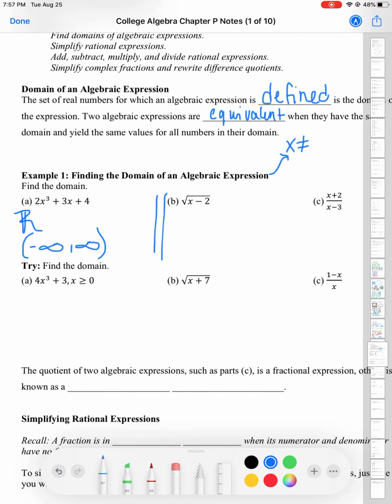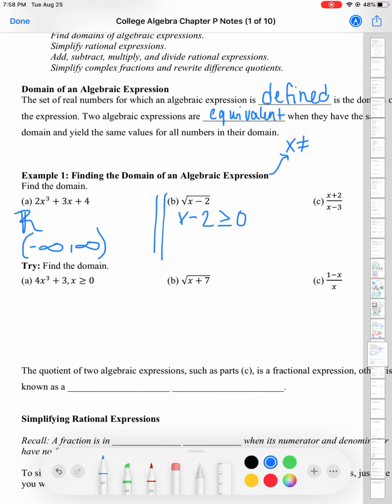Now on part B, we do have a square root. So we cannot have a negative number under the square root because it will not yield a real number for us. So we know that the quantity under the square root, the radicand, x minus 2, has to be greater than or equal to 0. It can be 0, but it can't be negative.